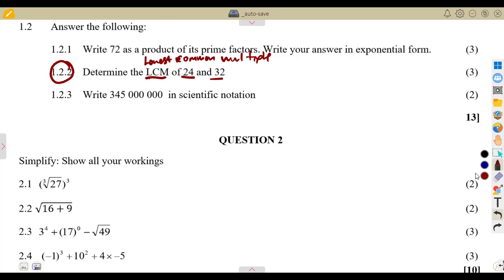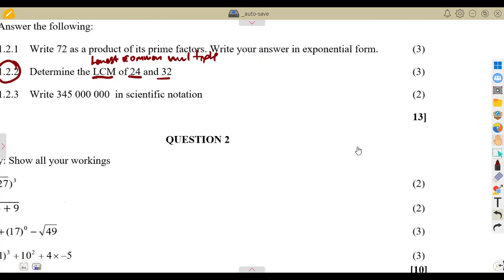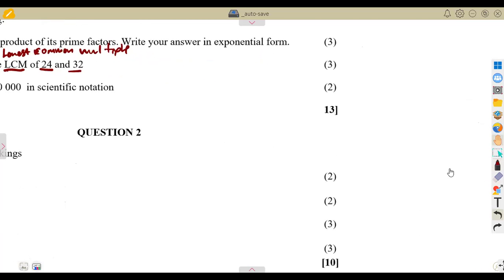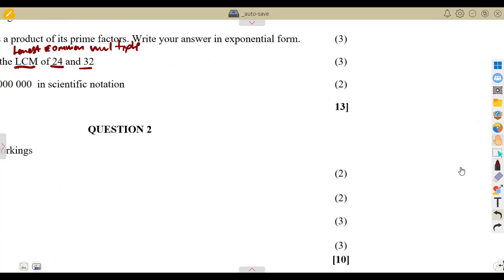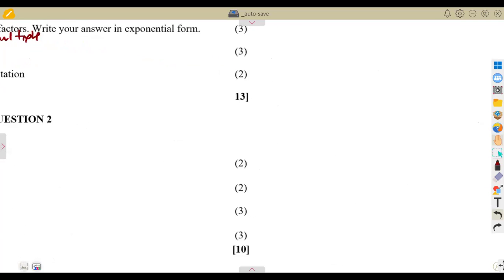No matter the way that you want, you can have the LCM and also the HCF. So this is 1.22. Let us check what we're given there.